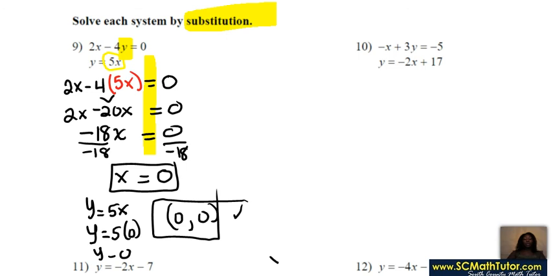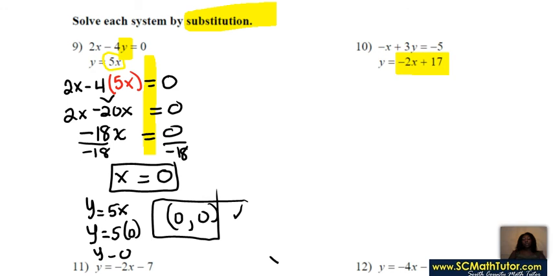Alright, so here is another one where we can substitute. Notice y equals a number. It doesn't always have to be y equals. Alright, so this is a good substitution problem because y is equal to negative 2x plus 17. One variable is solved.